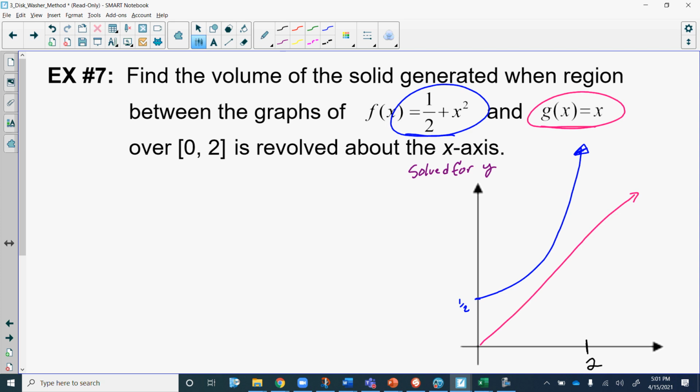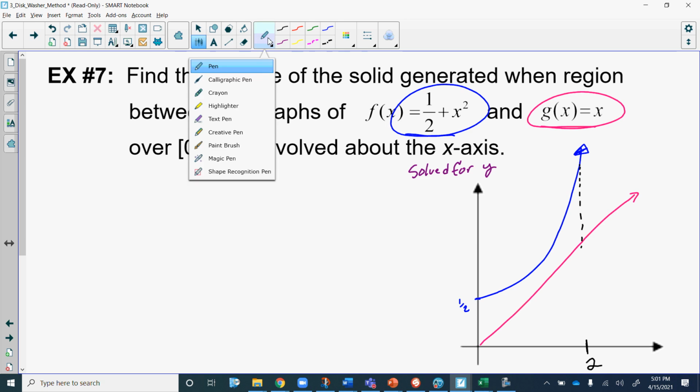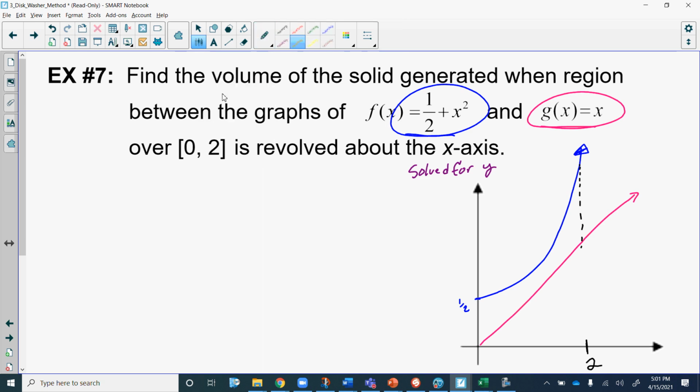So the region that we're going to be rotating is going to be this stuff here. This is the region that we're going to be rotating, okay?